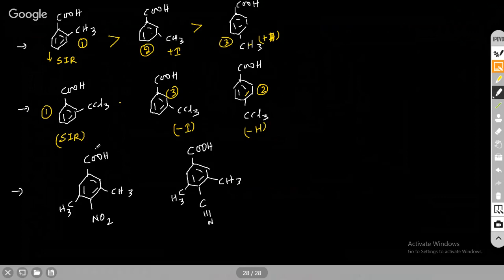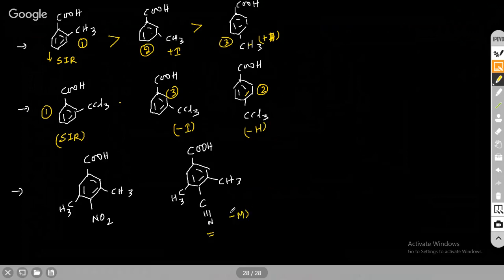It is not ortho substituted. So what happens here? Because of this repulsion, NO2 will change its plane. When NO2 changes its plane, its electron withdrawing nature is affected because it is not in the same plane as this ring. But here the cyanide group is linear, right? Triple bond, it's linear. So here we do not have that much repulsion.